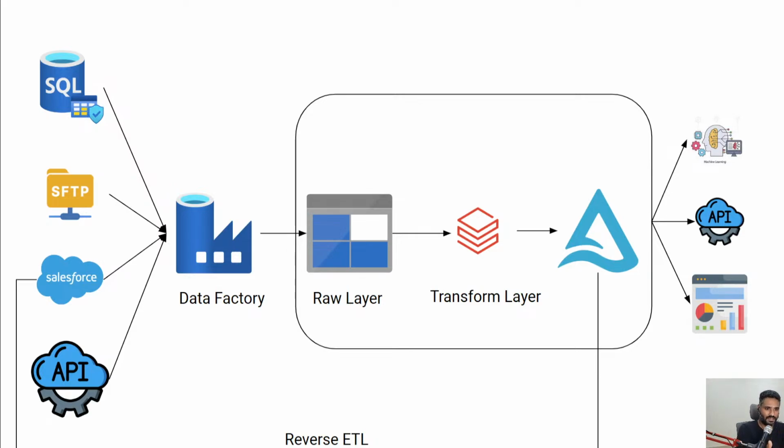Once that is done, we had something called the transformation layer, which is predominantly done by Databricks using Spark. Databricks is again a managed service. You don't have to maintain any Spark clusters or worry about how to provision them; all of that is taken care of, and all you have to do is start working on your logic.